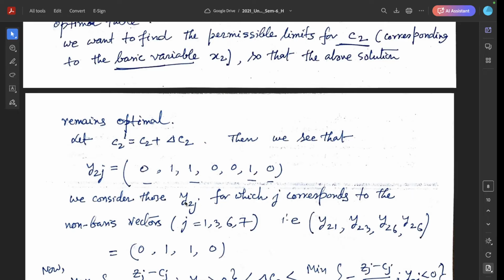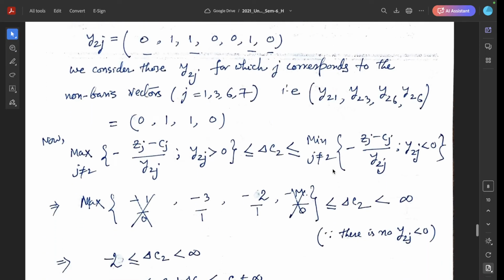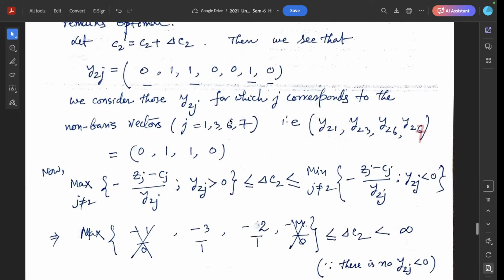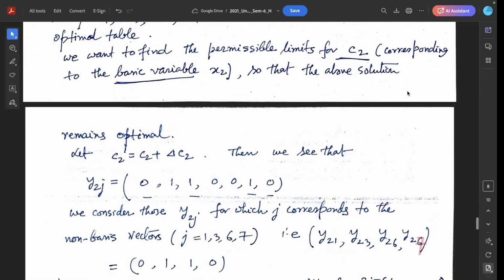We consider those y2j for which j corresponds to the non-basic vectors, that is j equal to 1, 3, 6 and 7, that is y21, y23, y26, y27. These are 0, 1, 1, 0 for the non-basic variables.